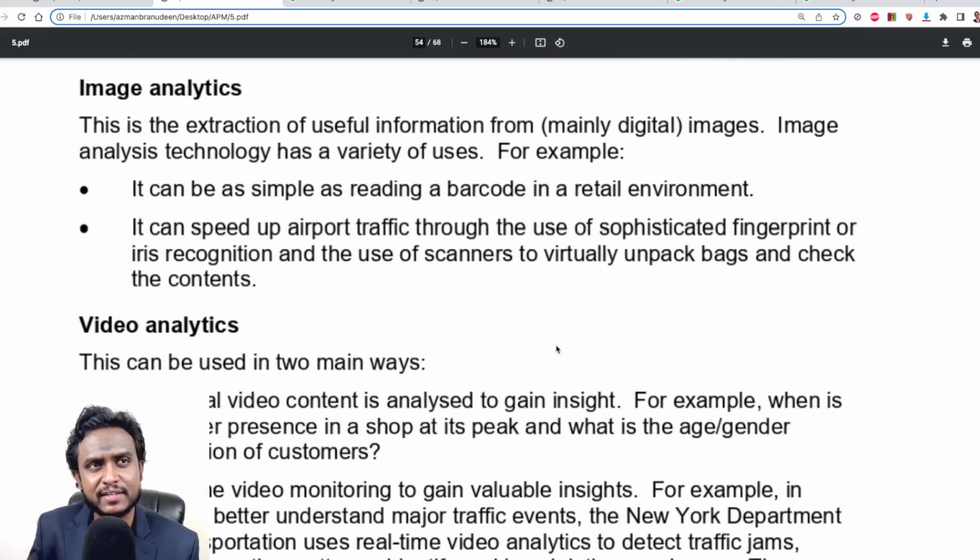Image analytics: one good example I can tell you is that if you post any image on major software like Facebook or Instagram, there is an embedded caption to that image. If you post your picture with your pet, you will see an automatic description of that picture nowadays, saying a young male with a dog or something like that.